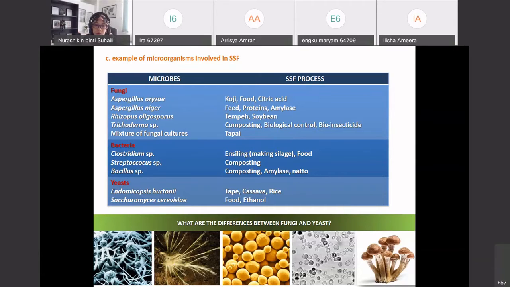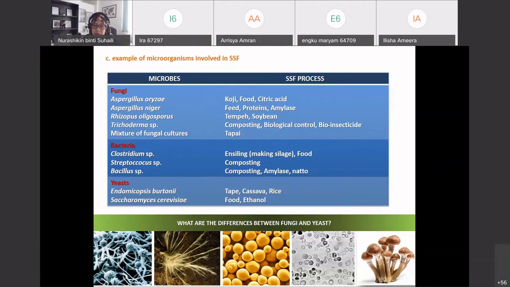So if you grow Rhizopus oligosporus not on soybean, but on something else, like maybe on flour, it will not produce tempeh at the end. So you can see how important the type of the microorganism and the type of the substrate are, okay?